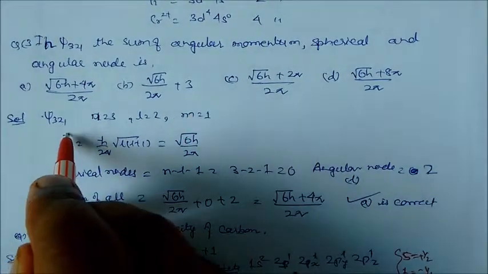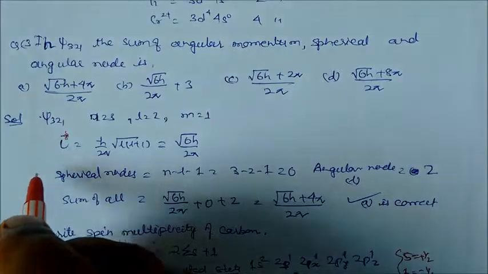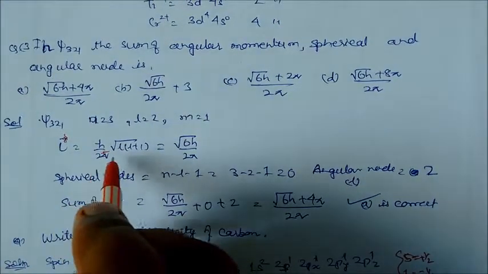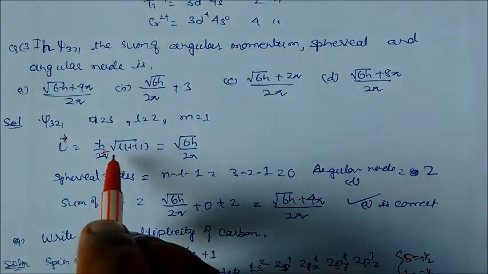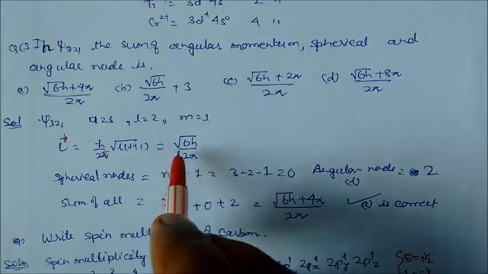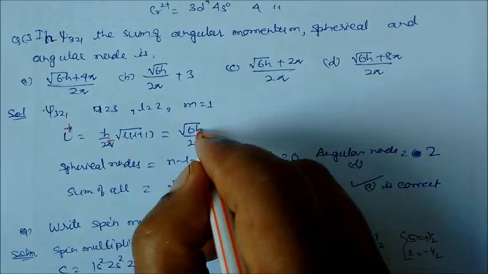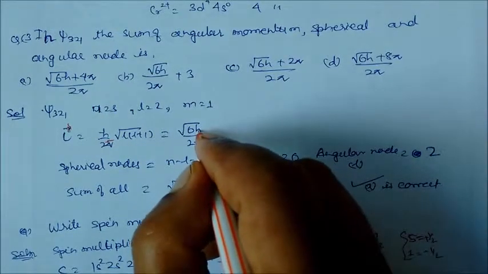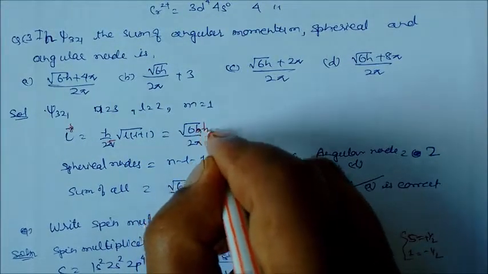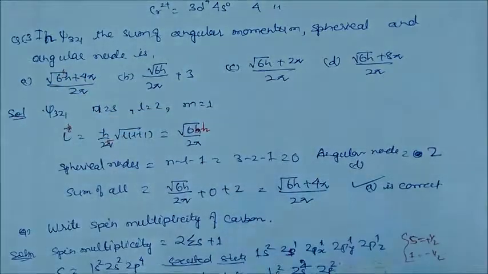So angular momentum will be equal to h by 2 pi root under l into l plus 1. So l is equal to 2, so root 6, and h by 2 pi will be outside.